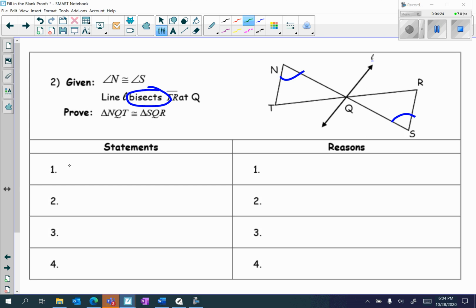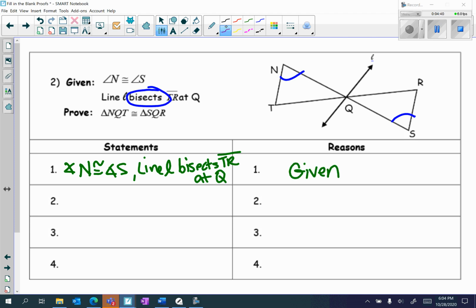The first thing I'm going to do is write the givens in my first statement, and write given. Last, I'm going to put what I'm trying to prove: triangle NQT is congruent to triangle SQR.